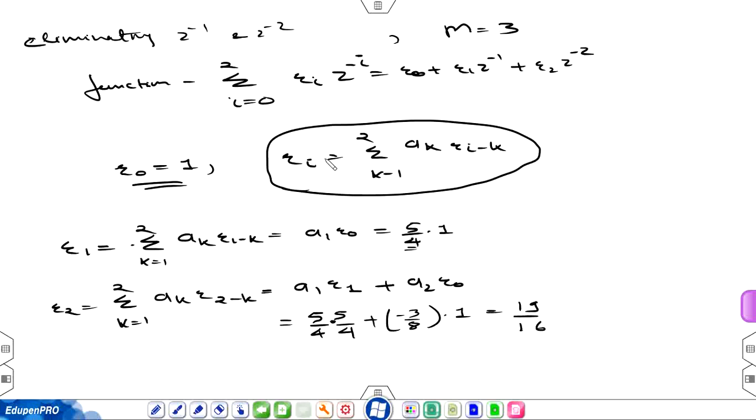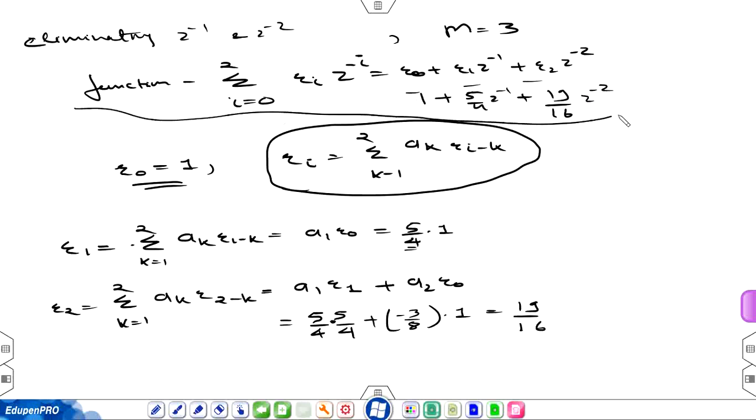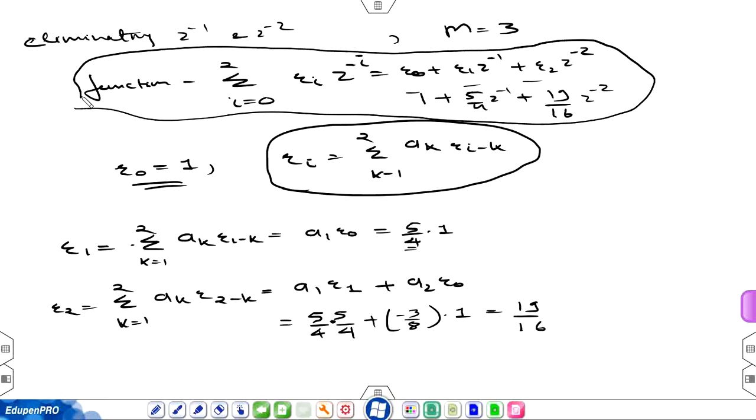So putting the values of r_0, r_1 and r_2 in this expression, we have 1 plus 5 by 4 z^-1 plus 19 by 16 z^-2. Okay, so this is how we can calculate the expression that needs to be multiplied and divided to the numerator and denominator.